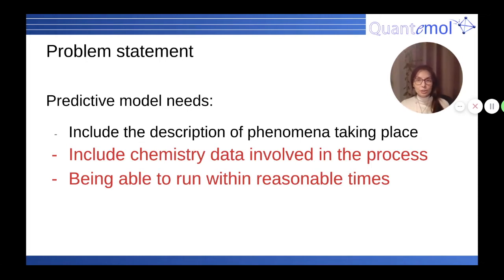There has to be some way and a balance of how to do it. So in Quantemol, we developed our own approach, and we tested it, to reduce chemistry sets without losing the meaning, or without changing the results which the user wants to achieve with the simulation. I will discuss these examples in the next section.